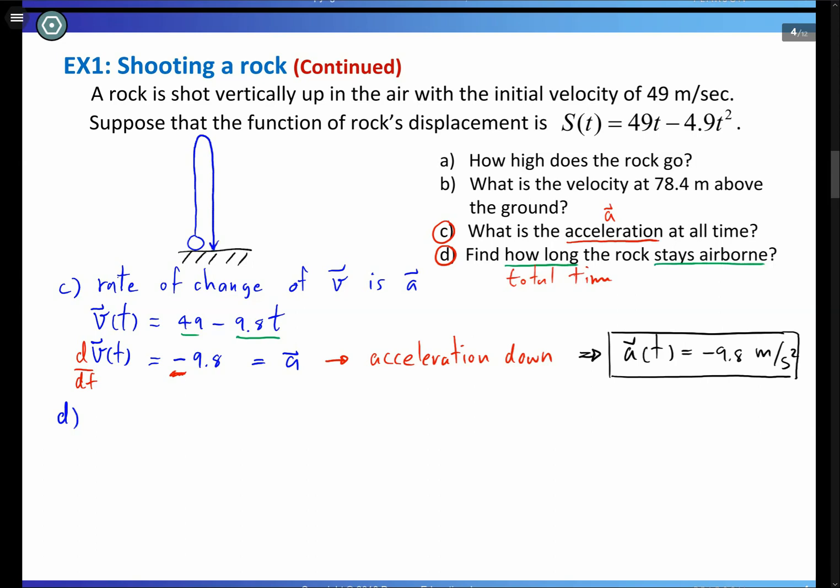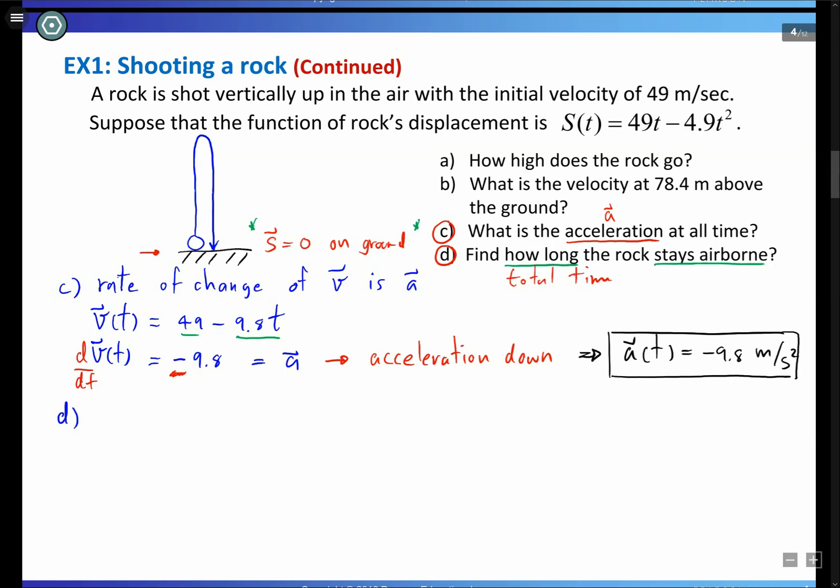And there is one thing we know for sure, that the displacement on the ground has to be equal to 0. Right here at the reference, displacement S must be equal to 0 on ground. And this is our main clue. We are going to use this to solve for total time.